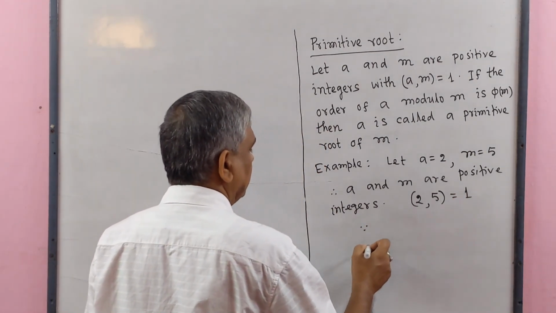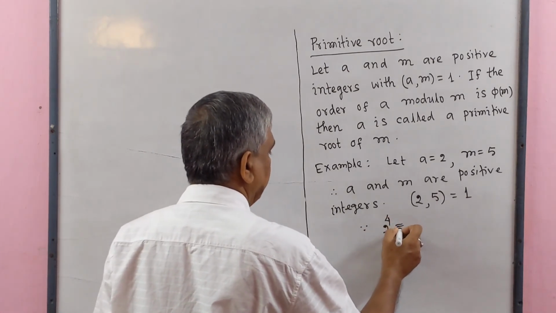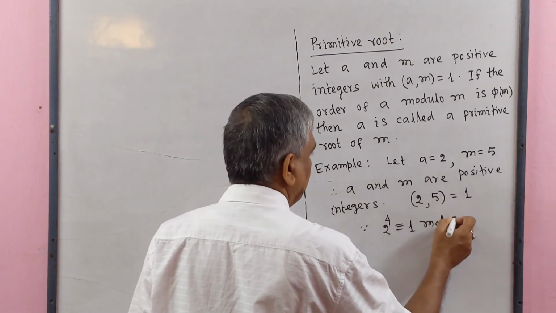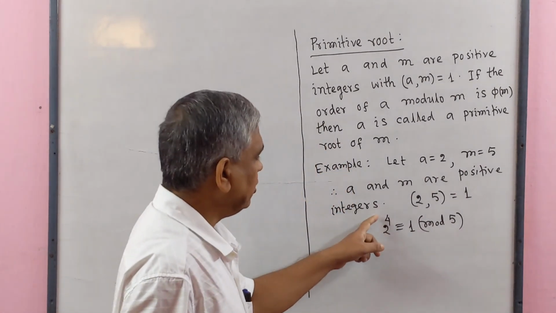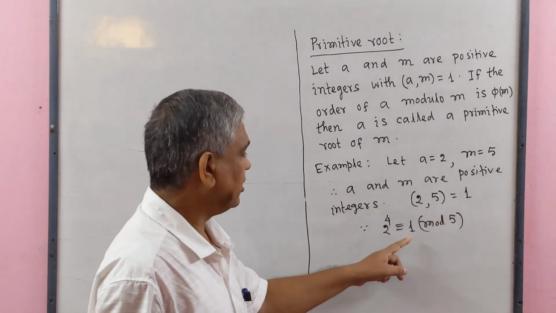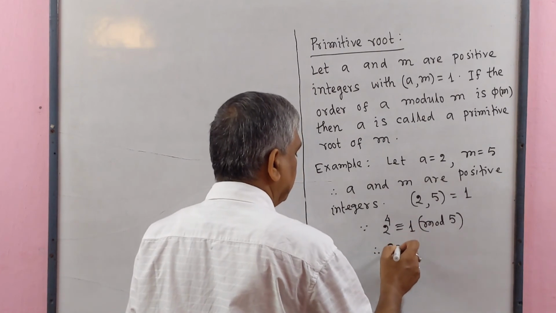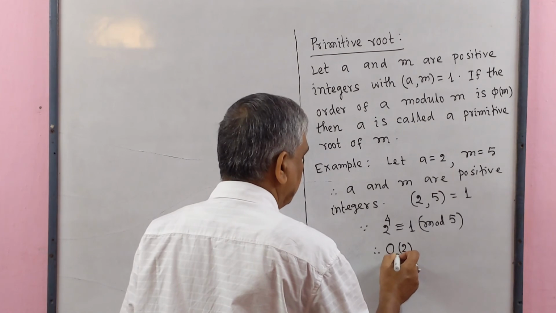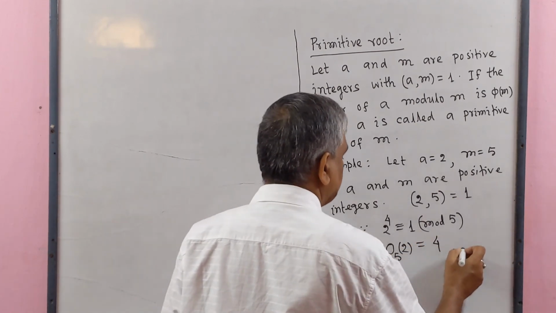Since 2 to the power 4 is congruent to 1 modulo 5, because 2 to the power 4 equal to 16, which is divided by 5 gives remainder 1. Therefore order of integer 2 modulo 5 equal to 4. This is number 1.